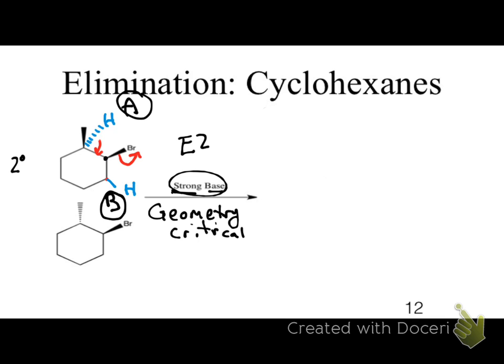If we go over and look at our other hydrogen, okay, we said that there were 2 there. So one of them we could draw on as a wedge, right? Oh, this is going to look really ugly. Okay, and the other one we could show as a dash. Which hydrogen would be eliminated or be part of our elimination?